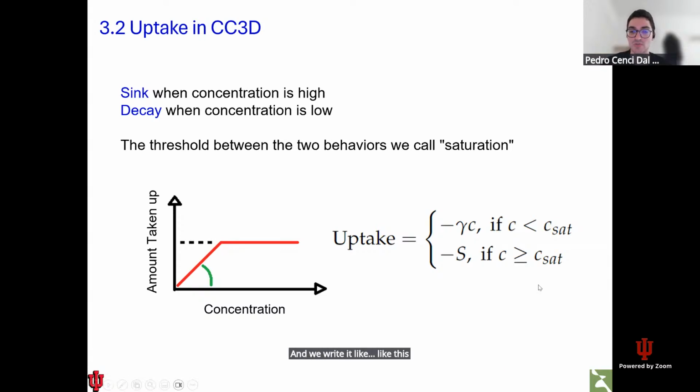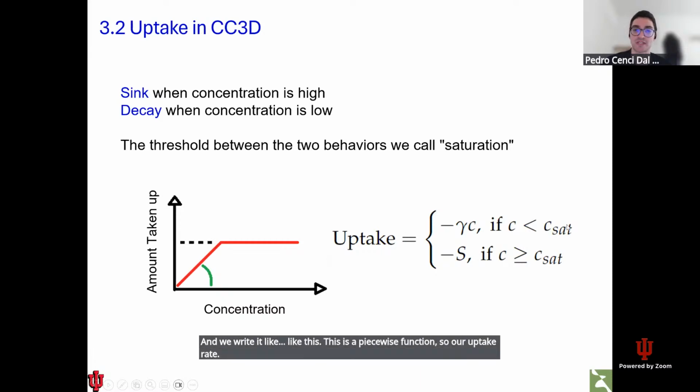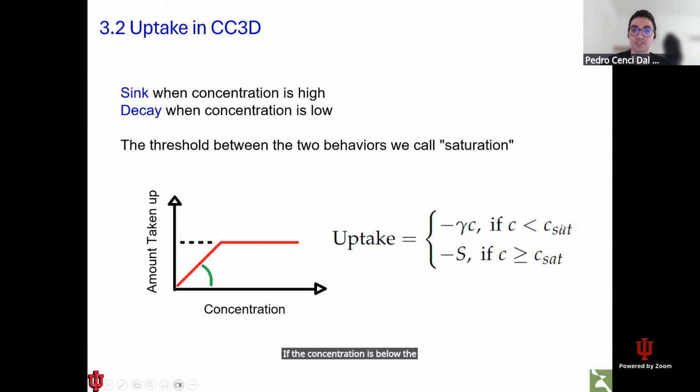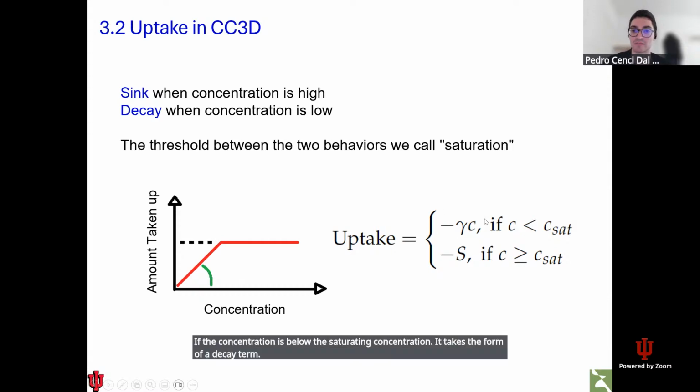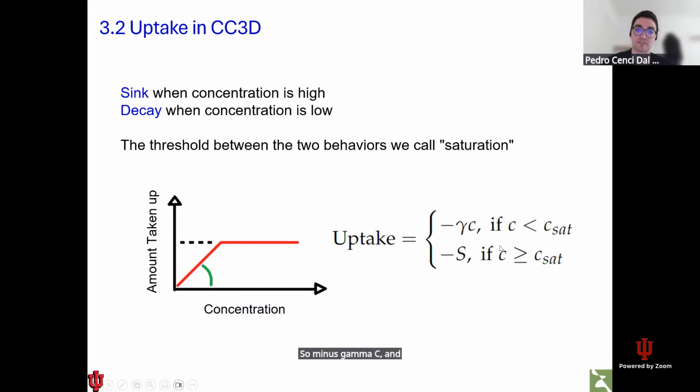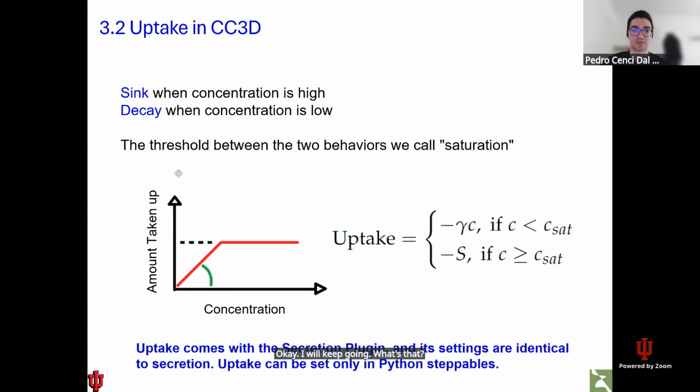This is a piecewise function. So our uptake rate, if the concentration is below the saturating concentration, takes the form of a decay term, so minus gamma c. And if the concentration of the field is above the saturating concentration, then it takes the form of a sink. Uptake comes with the secretion plugin.